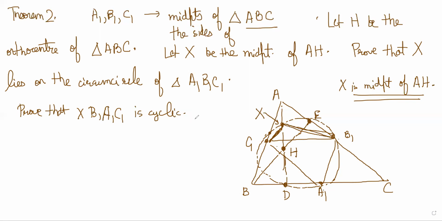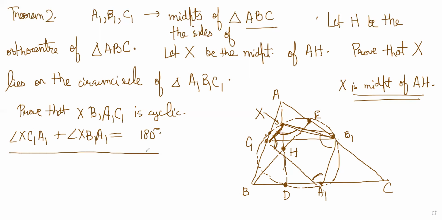In order to prove that, which angles do we have to show are supplementary? We can show this angle plus this angle, or we could also show another set of angles: angle XC1A1 plus angle XB1A1. If that is 180, then it is also cyclic.